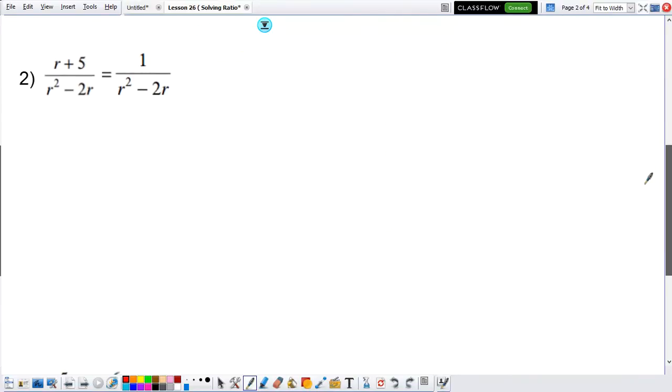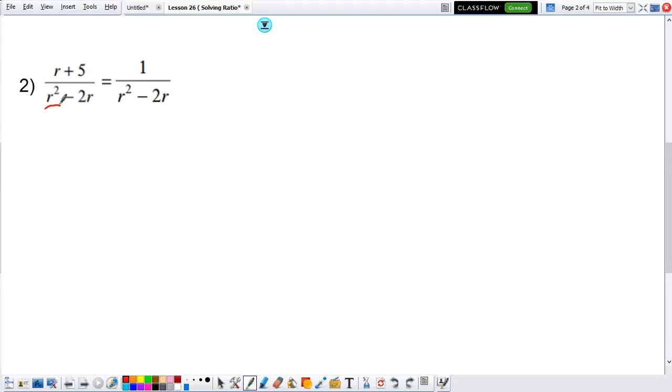So let's look at the second example here. Again, notice denominator r squared minus 2r, denominator r squared minus 2r. They have the same denominator, so they will cancel out. Now you have r plus 5 is equal to 1.